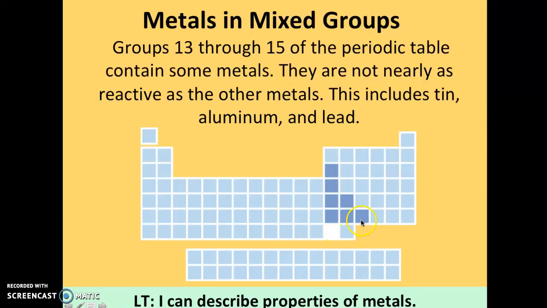So like it's saying in this paragraph here, some of them are metals. They are not nearly as reactive as other metals that we've already talked about. Some of the metals in this shaded blue area right here are tin, aluminum, and lead. And you've probably heard a lot of those. Those have common uses in our everyday metals that we use, aluminum foil, for instance.